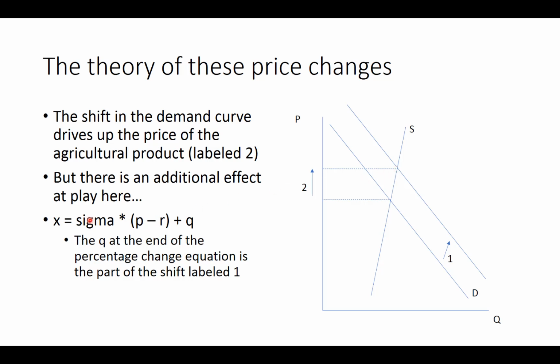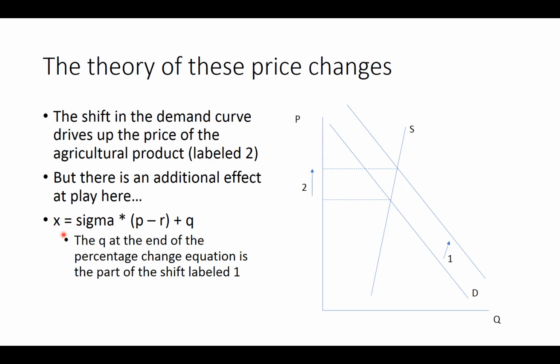Okay, so if you look at the demand equation, a simplified form of it, this is written in percentage change terms. This X is the percentage change in demand for the input. Q is the percentage change in the demand for the output, so this is the food variable. That's our shock in this model. This is the ag input that's used to make food, and that's an endogenous variable.